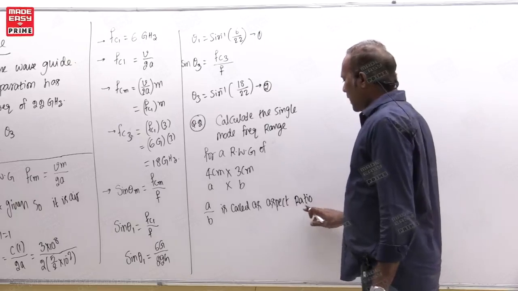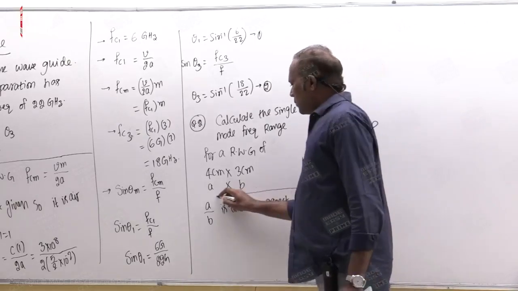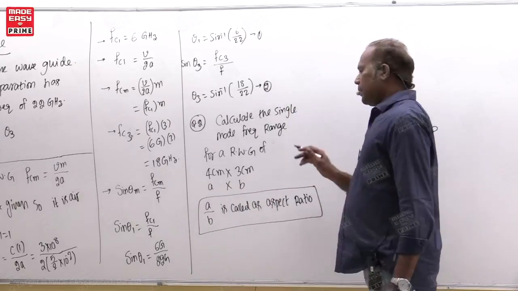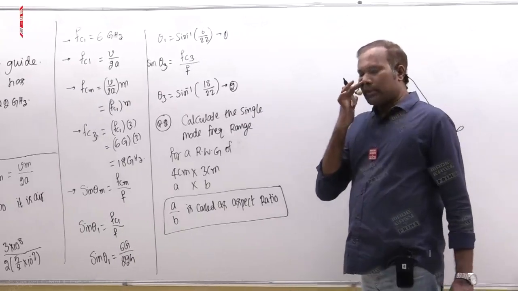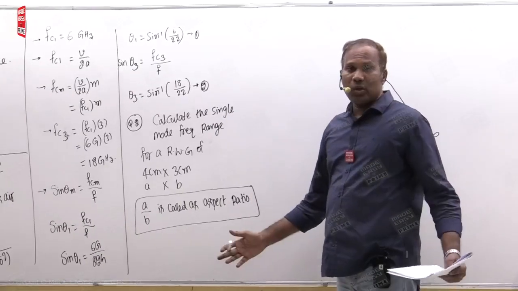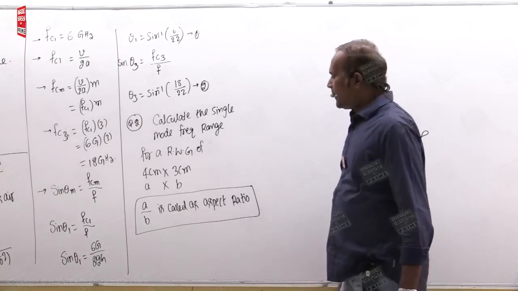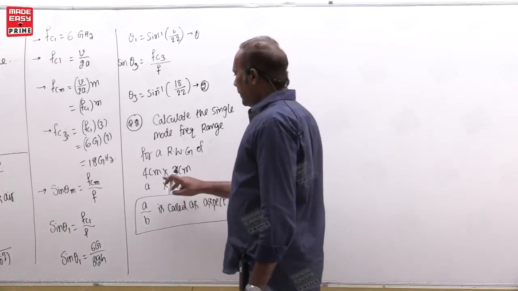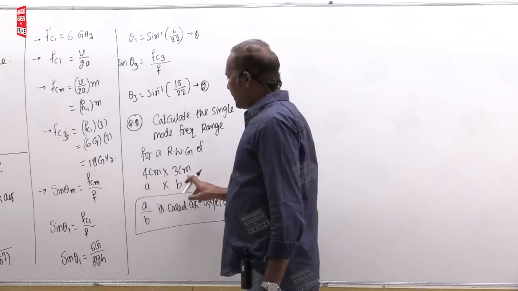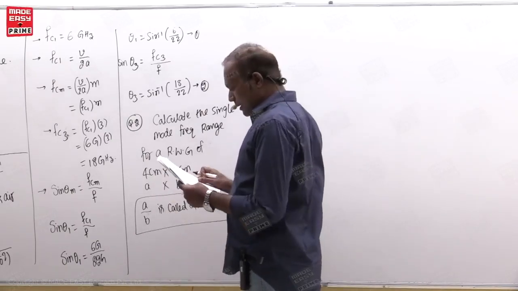So it is called aspect ratio. Sometimes they may give that in a rectangular waveguide aspect ratio is 4. Then you must know that A by B is called aspect ratio, right? Like this it is given, this is A, this is B. That means A is bigger.